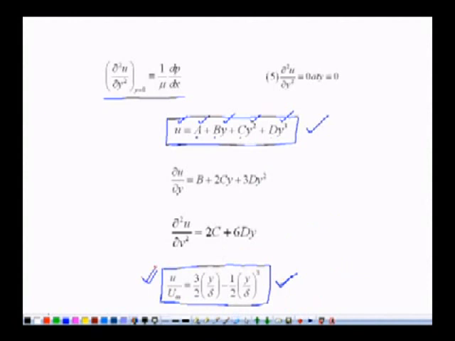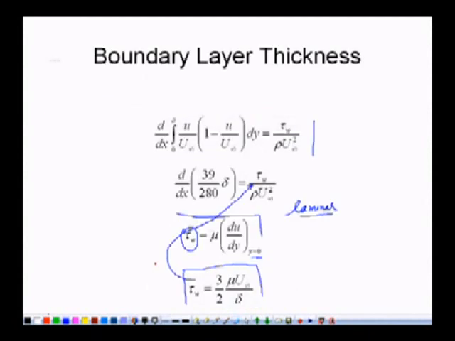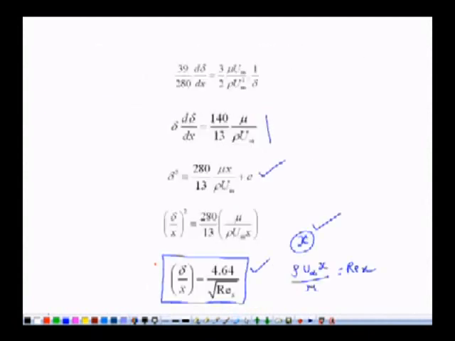So whatever solution we are getting for the velocity boundary layer thickness at different locations, for this velocity profile only this relationship is valid, delta over x is equal to 4.64 divided by root of Rex. If we have a different velocity profile, then this delta over x will be different, right? So with the help of this equation we can find out the boundary layer thickness at a given location.